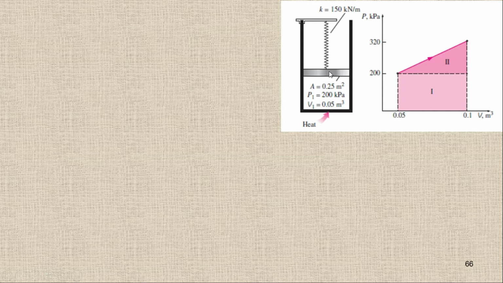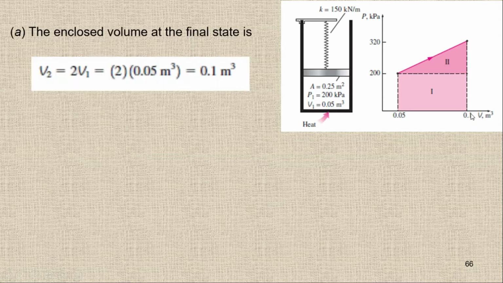But when this piston moves up, the spring will exert a force on it. In the question it is given that the final volume is doubled, so the final volume will be twice of V1. You can see here V2 is simply twice of V1, so it's 0.1 meter cube. So we have 200, we have 0.05, we have 0.1.